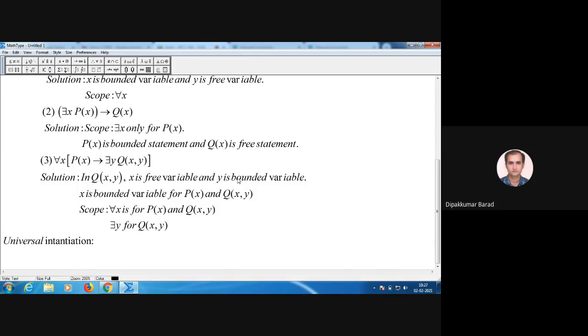Now, universal instantiation, it is the rule of inference that indicates the truth of a property in a particular case follows as a special instance of its more general or universal truth. So it is a rule of inference that indicates the truth of properties in a particular case, which follows as a special instance of its more general or universal truth. Now, what it means?